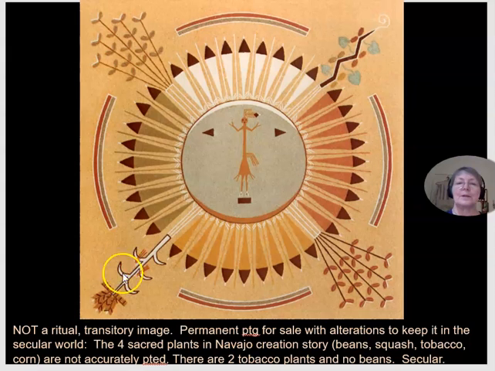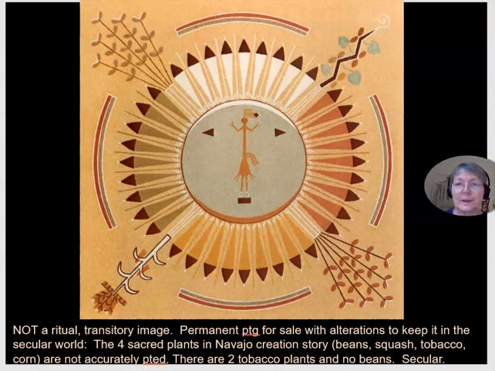Okay, what have we got? This is corn, this is squash, this is tobacco, and oops, this is tobacco as well. The fourth plant, or the plant that's missing, would be beans. By taking away the beans and duplicating the tobacco, we have rendered this picture without its ritual potential.